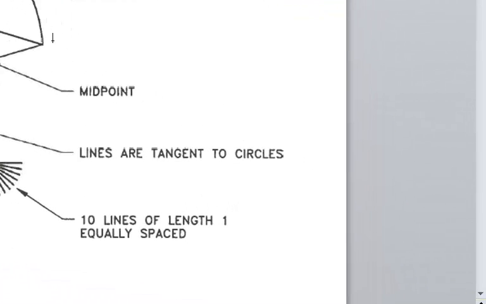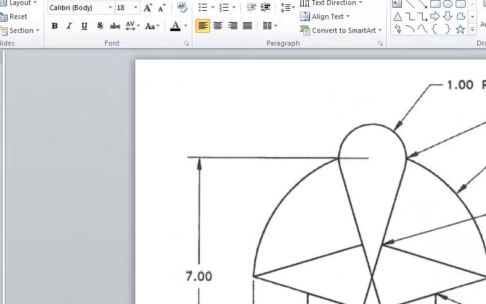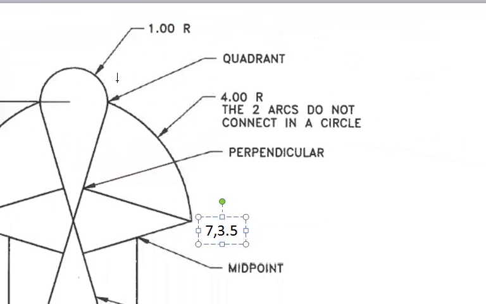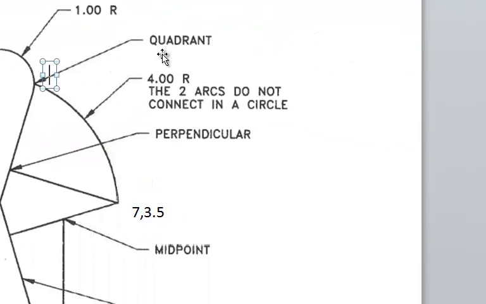This would be 7, 3.5. And this other coordinate here will be 3.5 plus 1, since we have a radius of 1 here, so it's 4.5, 7. And then the radius of 4.